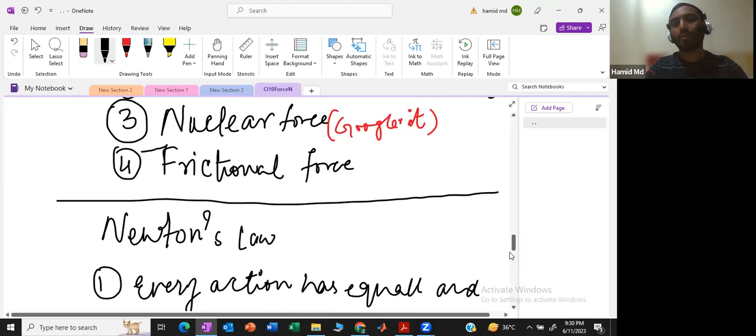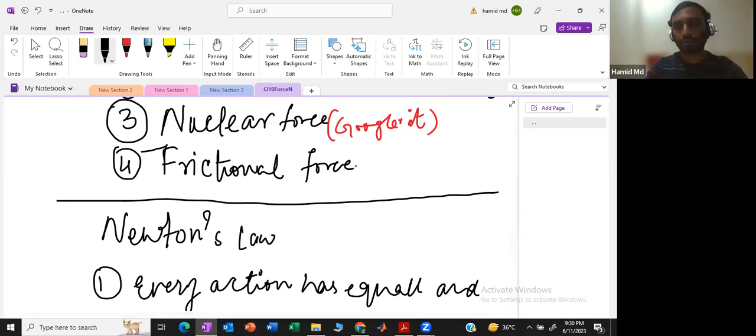In regard to friction force, go and think which type of force acts in this case. Sir, could you repeat? In the case of friction force, which type of force is applicable?